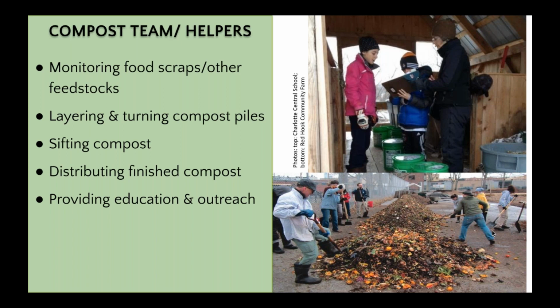And then the last example I want to point out here is in the lower right-hand corner, Red Hook Community Farm in New York City. And getting to what Natasha was talking about earlier around goals, someone who was working with the project was telling me that one of their big goals was really to be a community-powered project.